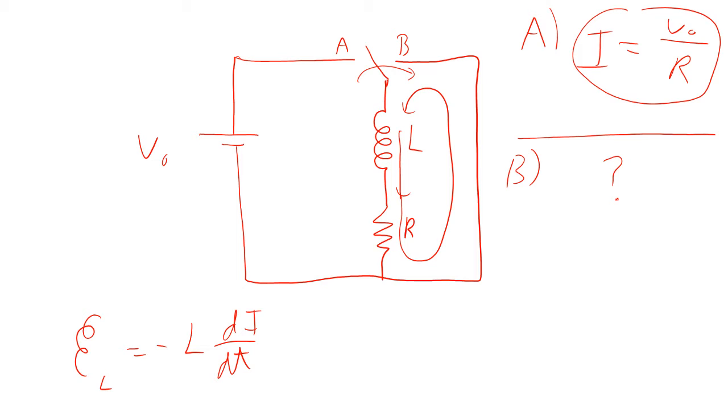We'll do that by imagining starting right up here at the X at the top and doing a Kirchhoff loop going around in a counterclockwise direction. If you do that, you've got the EMF on the inductor minus IR equals 0.